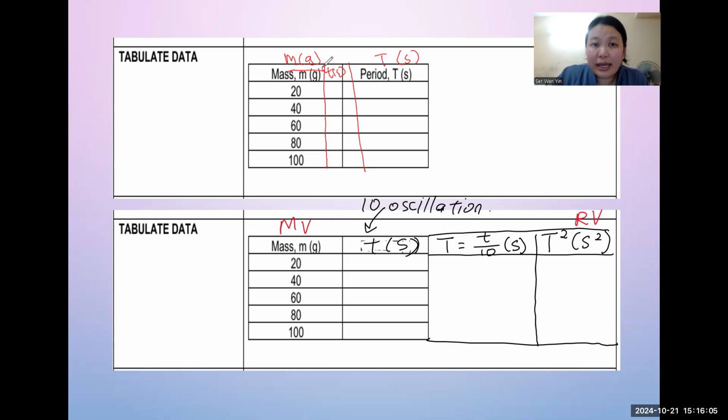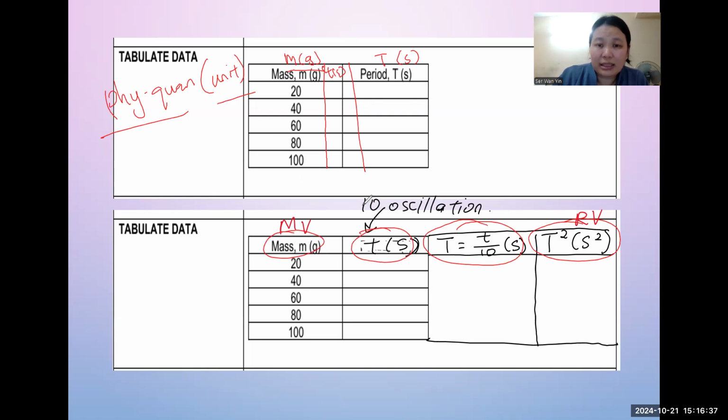Make sure you have physical quantity and its unit. Without one, sorry, you lose one tick. Maybe they will be like this only, or maybe they'll be like mass, time for 10 oscillations, period. Then they ask you to change T to T squared.